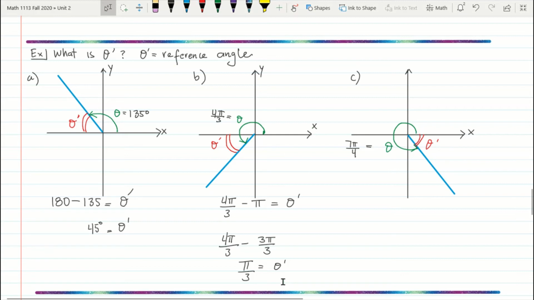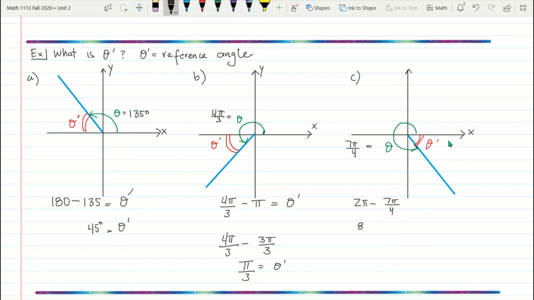In example C, I have this as being my reference angle, this small angle here. If I want to keep it a positive angle, then I'm going to try to figure out, okay, it's almost a full rotation, right, which is 2 pi. So we can say that this is 2 pi minus 7 pi over 4.